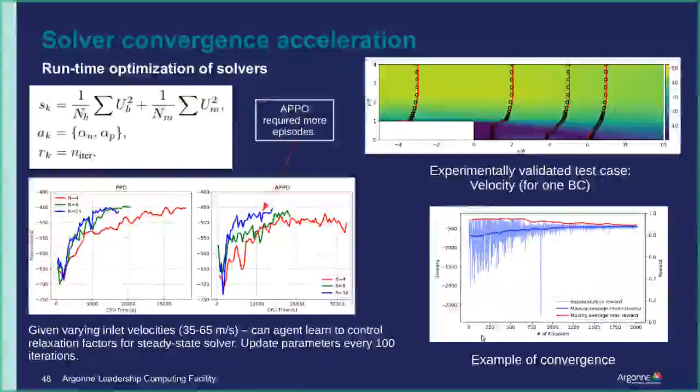You can see here, as we train our agent, initially some choices of these alpha U and alpha P take about 2,000 iterations to converge, but over time we end up saturating to basically a factor of 4 speedup, maybe. That was pretty neat.